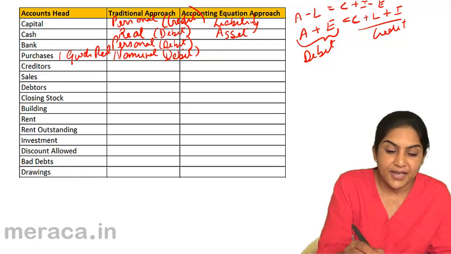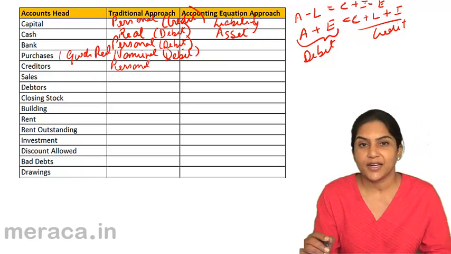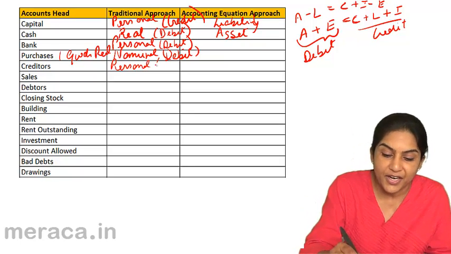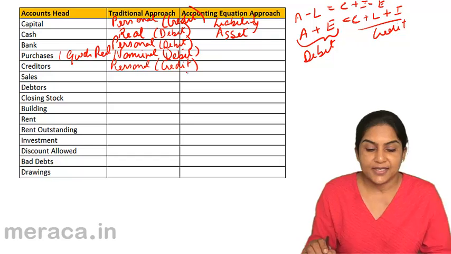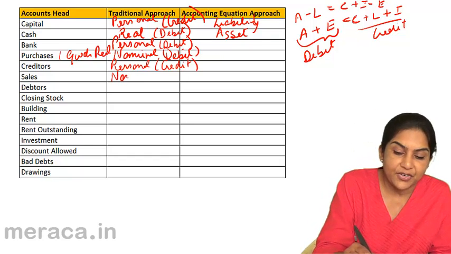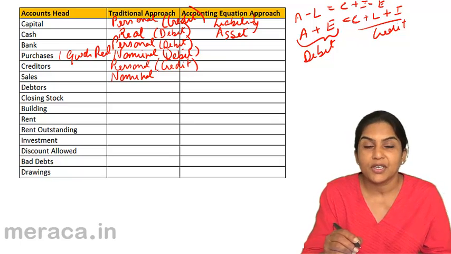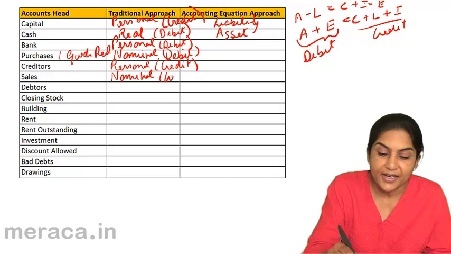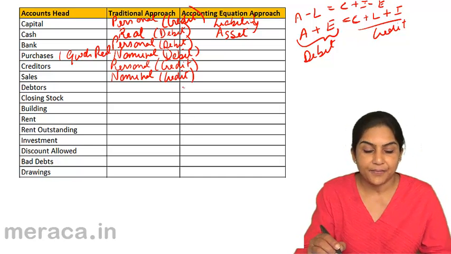Creditors is personal. Debit the receiver, credit the giver. What is a creditor? Who has supplied goods, he is a giver, and normally therefore this account is credited. Sales, like I said, we'll treat it as a nominal account. Income account, it's usually credit, since it says credit all incomes and gains.